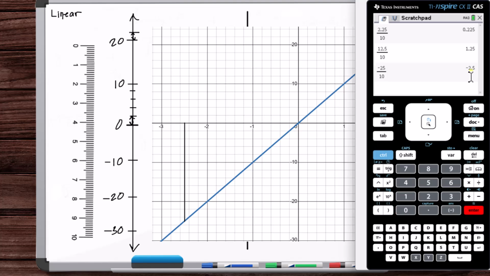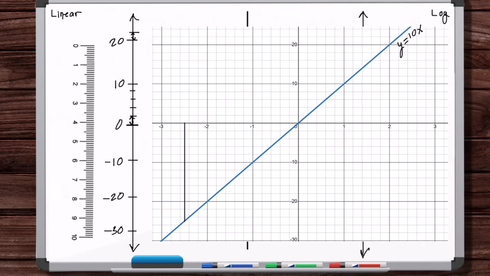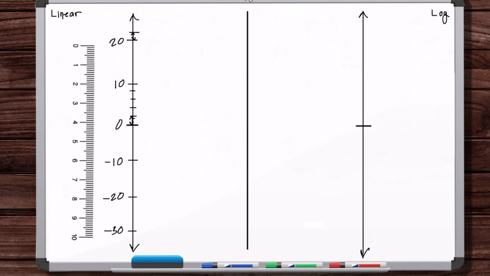It's 50% past the -2 tick mark in the negative direction, right? Minus 2.5. And so you would use that percentage and apply that to whatever your actual millimeter distance is on your page between the tick marks, and put that minor tick mark where you want it. Okay, now let's look at the logarithmic scale.